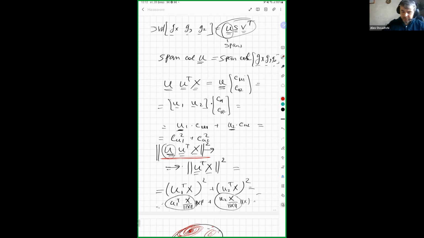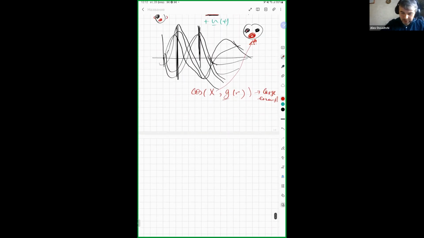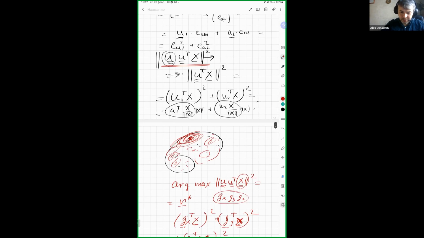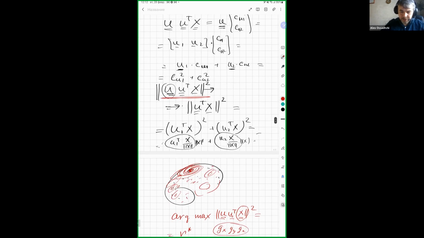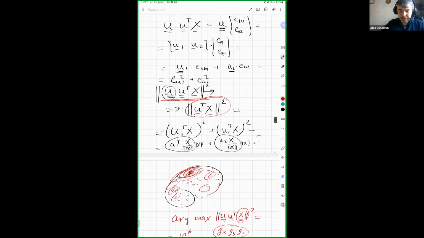If you take the matrix, the sum of squares here is equal to the sum of squares here, and that is simply the sum of squares of the coordinates, in other words, the length of your projection.